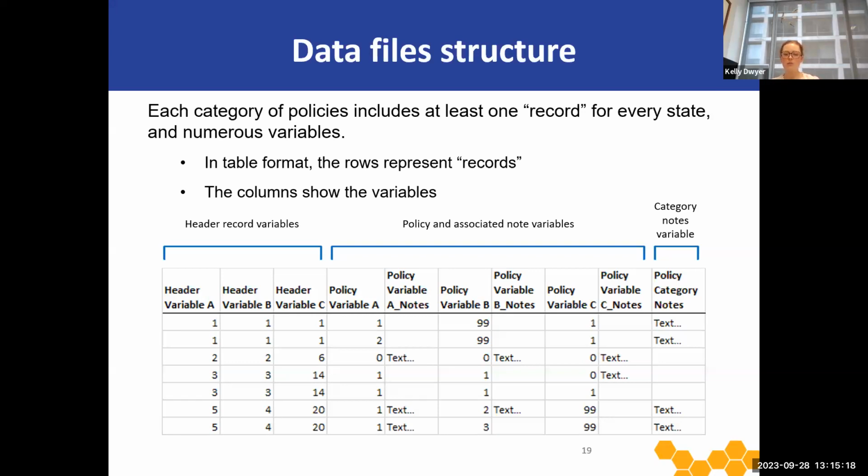In other cases, the notes fields are necessary to understand the coding. For example, if a variable is coded as varies, the note field will explain how the policy varies. This is the type of information that you would need to look in the user guide for to understand when and where varies might be coded for a specific policy variable.